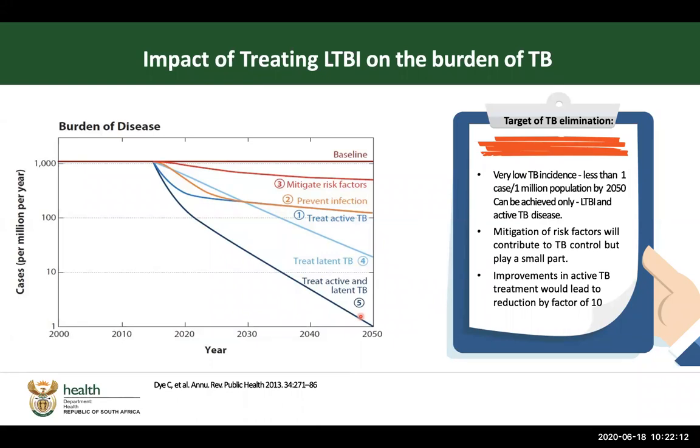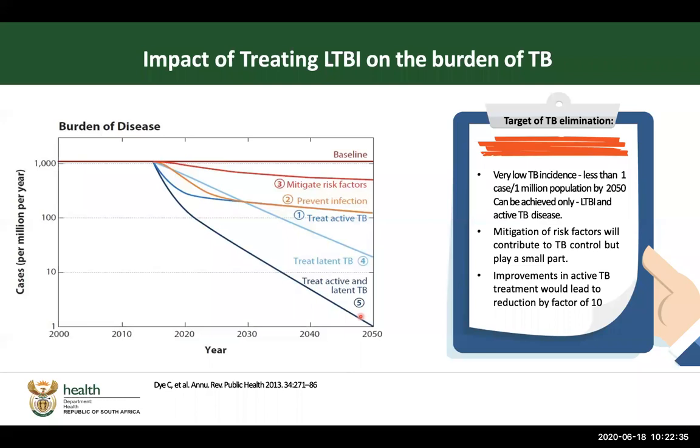But we also now need to shift our thinking and say we need to have processes and guidelines, which is what we are presenting, for timely identification of high-risk populations with latent TB and start to treat latent TB before they actually get to a stage where we say they have active TB.